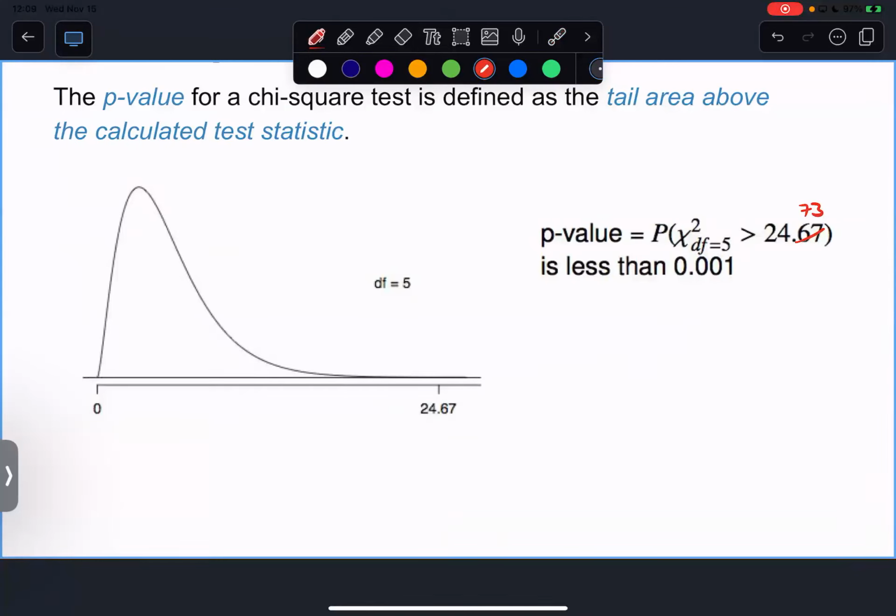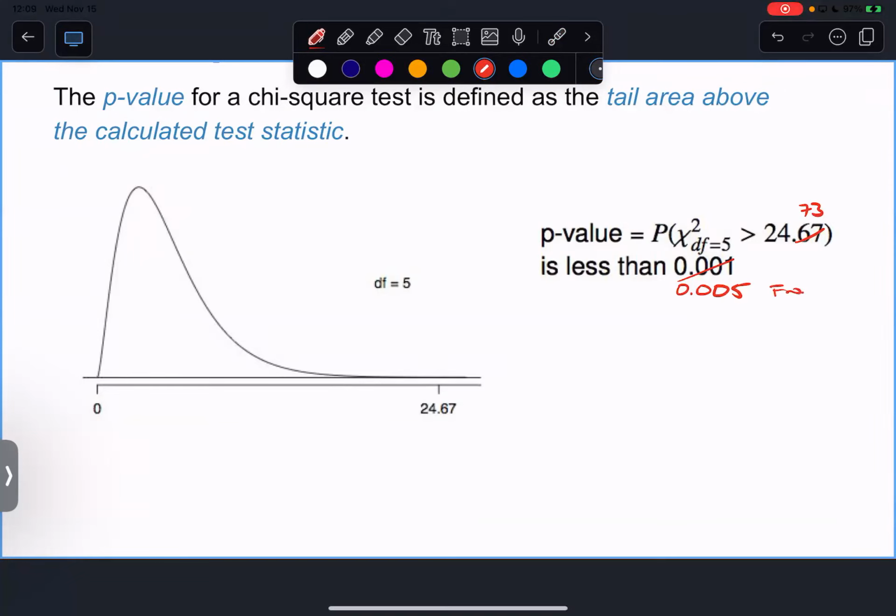From our little blip of a table, oops, I stopped at 0.005, but it actually would have been even smaller than 0.001 if I had extended the table.